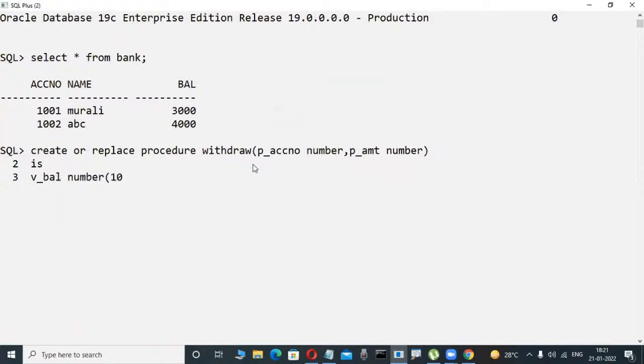Whenever we insert an ATM card, it checks the balance. Concentrate here. Select balance into v_balance from bank where account number is equal to something. These are all very easy actually. Suppose observe here.